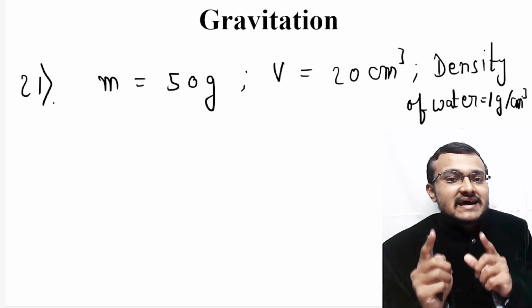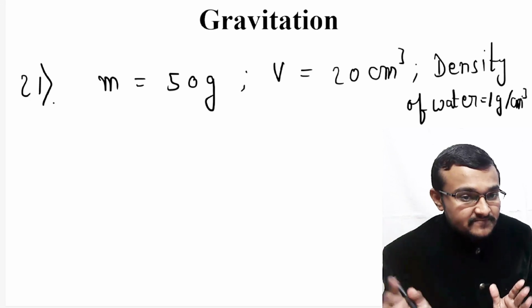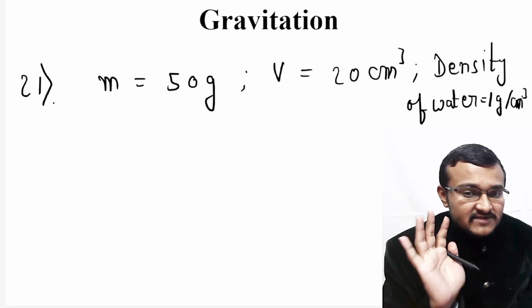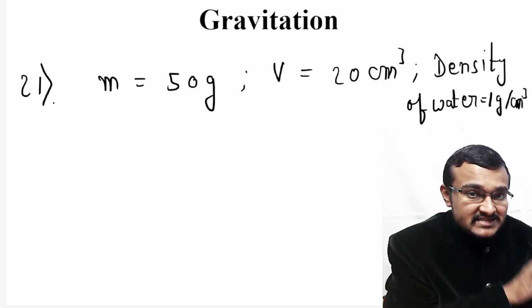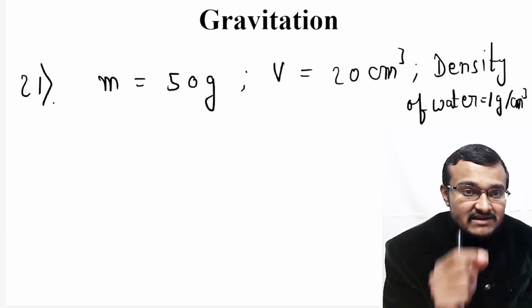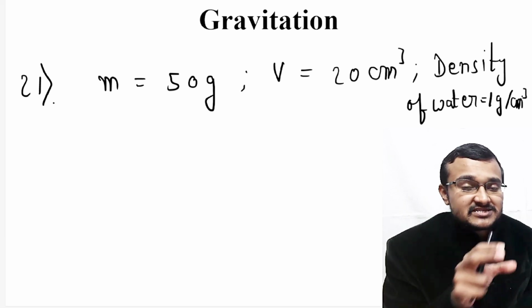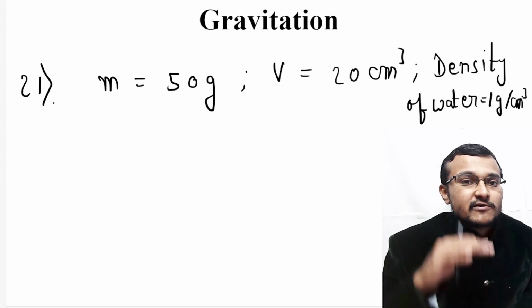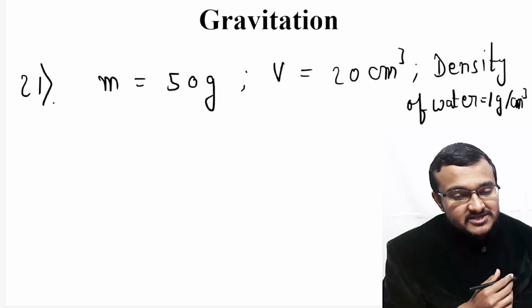Now they have given the mass and volume of a substance which is put inside that water. Now you have to tell whether that substance will sink or float on the water surface.